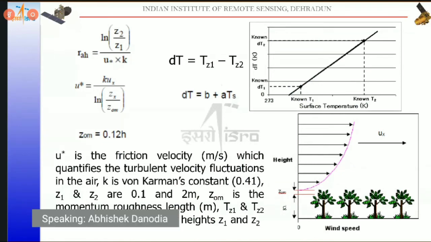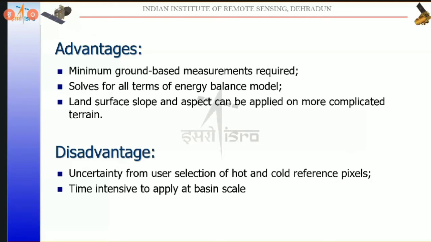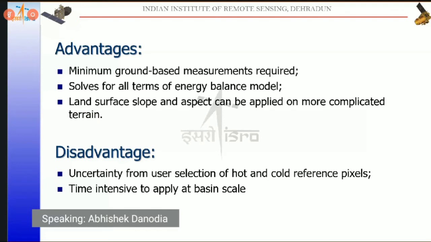There are advantages of the METRIC model over other one-source types of models. The METRIC model has specific advantages mentioned there, like it requires minimum ground-based observations. It solves all terms of the energy balance model, and using internalized calibration we can generate the H and LE components, and also Rn and G. So all four components are defined separately using the METRIC model.